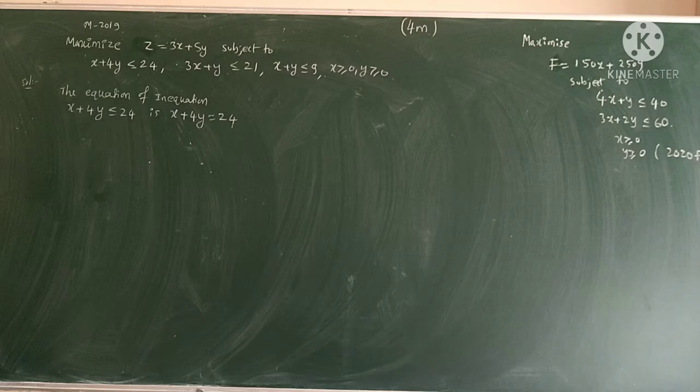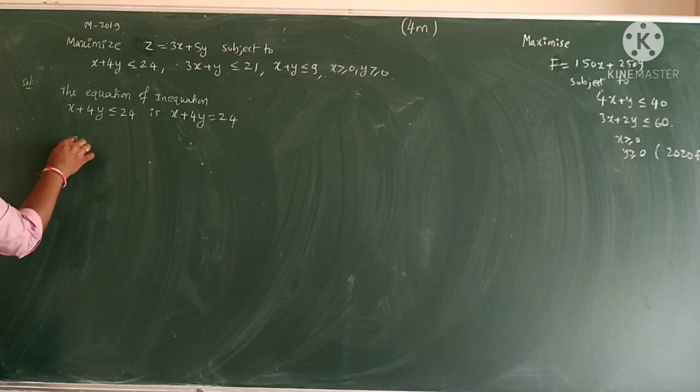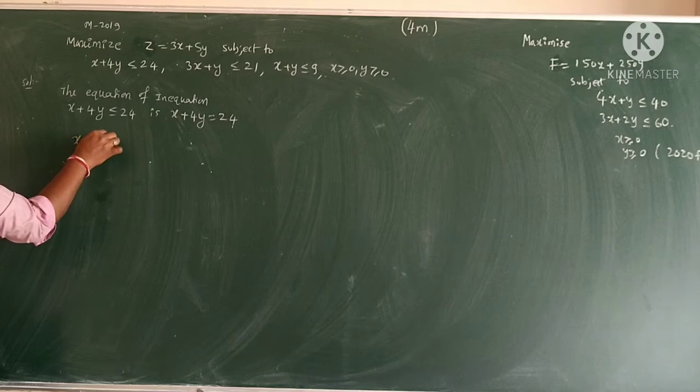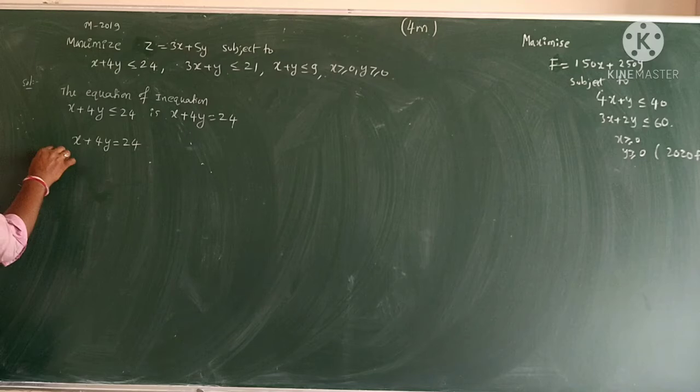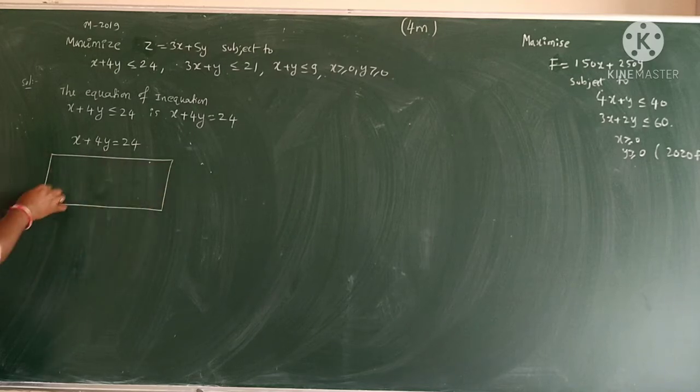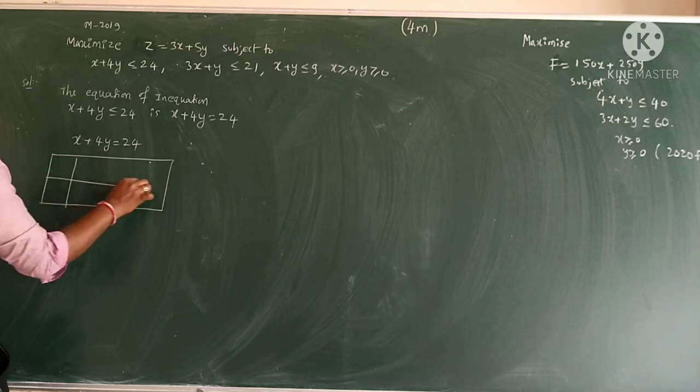First we write the equation form, then we take the box. Now this chapter, 4 marks guaranteed.